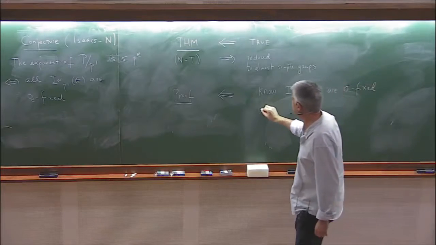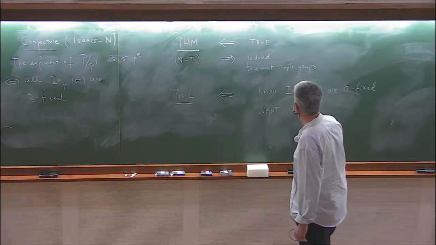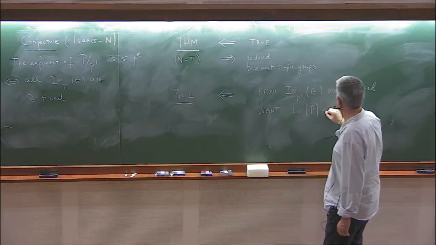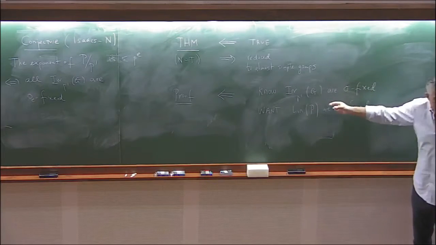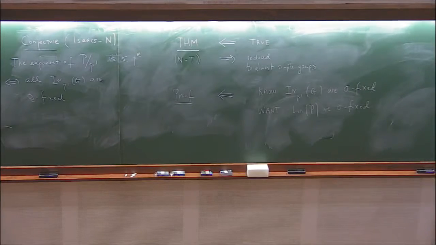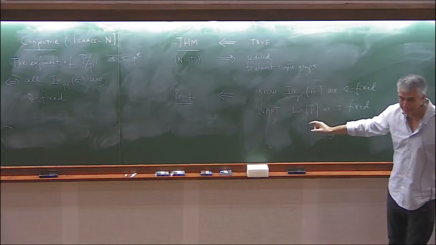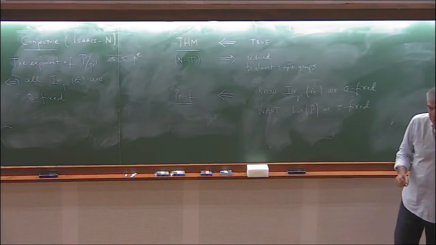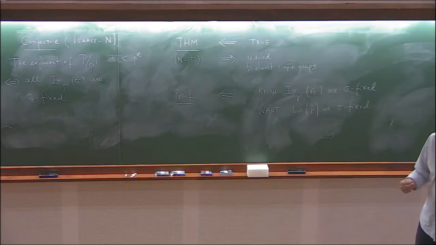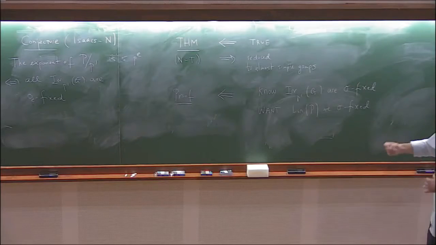We want that the linear characters of P are sigma fixed. This is what you want to prove. So how do you go from G to P? That's a long way. What we usually do in group theory is induction, and this starts it.